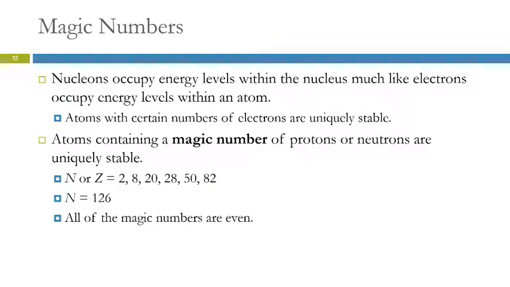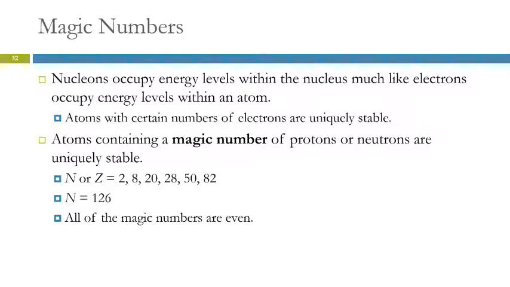So nucleons occupy energy levels within the nucleus, much like electrons occupy energy levels within an atom. And so atoms containing a magic number of protons or neutrons are uniquely stable, just like we observe that atoms containing particular magic numbers of electrons are more stable.